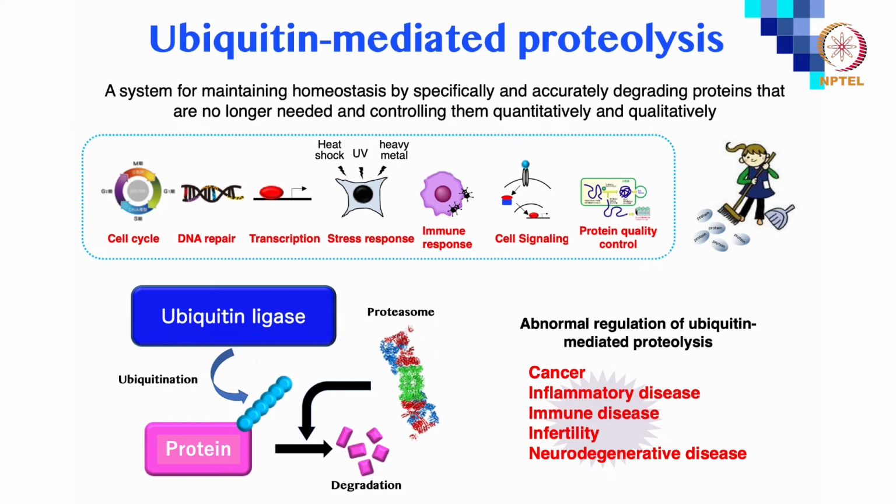Ubiquitin ligase conjugates ubiquitin to target protein specifically and accurately. Ubiquitin-conjugated protein is recognized by the 26S proteasome and then degraded quickly. Now it is known that abnormal regulation of ubiquitin-mediated proteolysis causes several diseases, including cancer, inflammatory disease, immune disease, infertility, and neurodegenerative diseases.